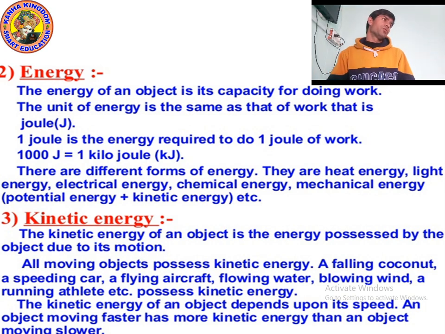So the formula of work done is equal to force multiplied by displacement, W is equal to F into S. The unit of work is joule or Newton meter. 1 joule is the amount of work done when a force of 1 Newton displaces an object by 1 meter, then the work done will be 1 joule or 1 Newton meter.